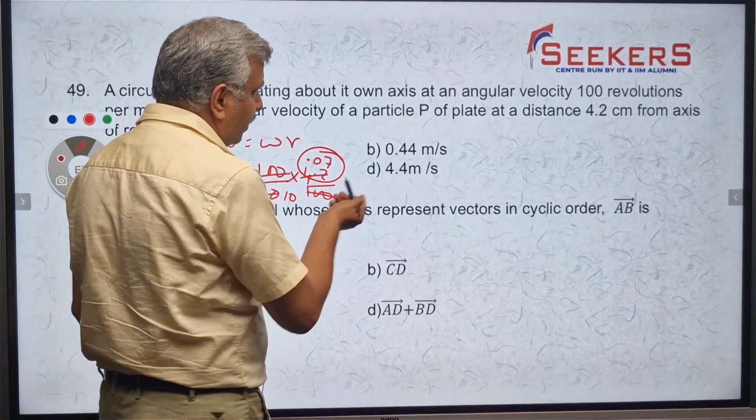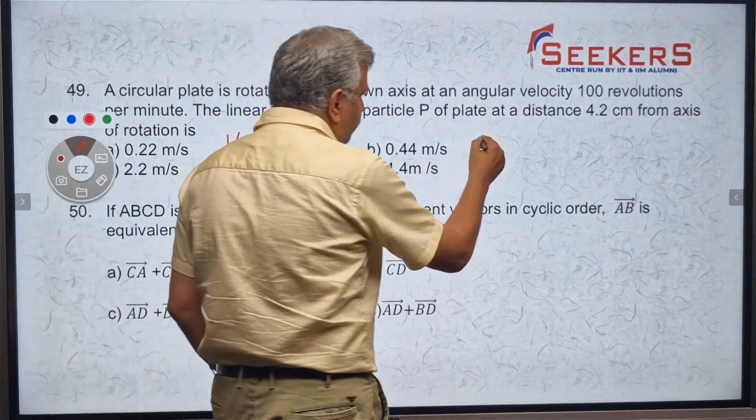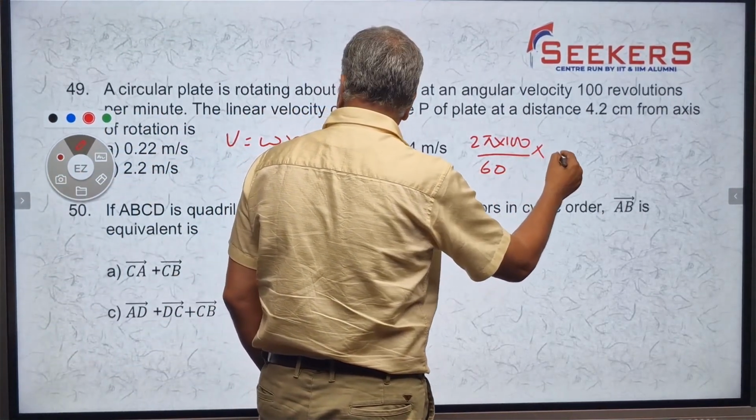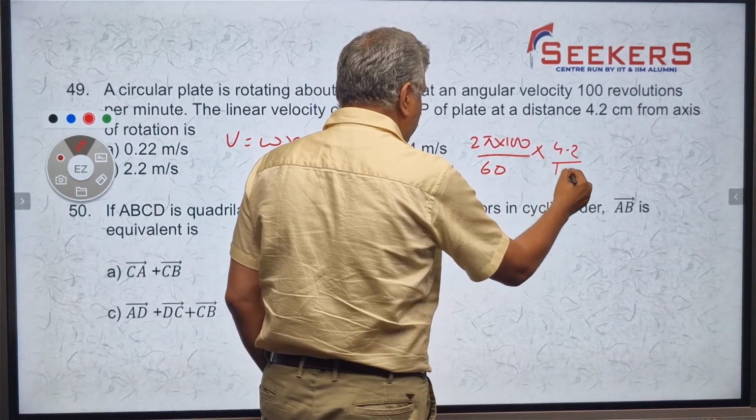Okay, there is an error here. I have not taken 2 pi. So it is 2 pi into 100 divided by 60 into 4.2 over 100.